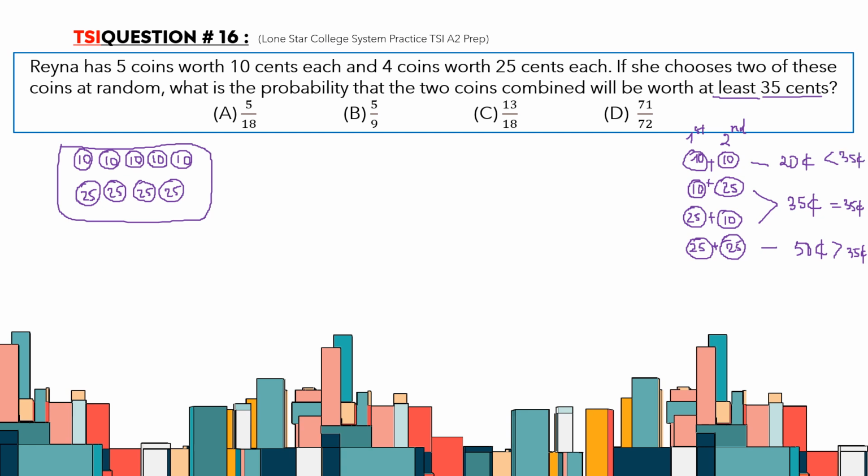They're asking for the probability of choosing 2 coins with a value of at least 35 cents. So we have 3 outcomes. If we calculate the 3 outcomes and combine them, we get what they're asking for.